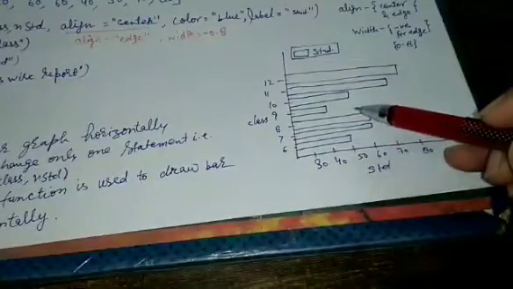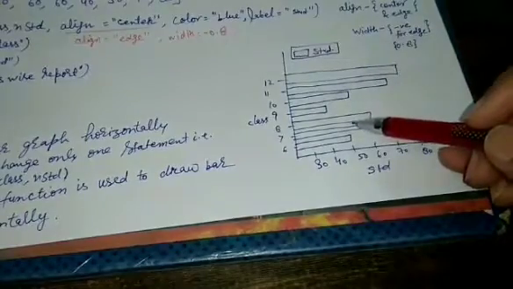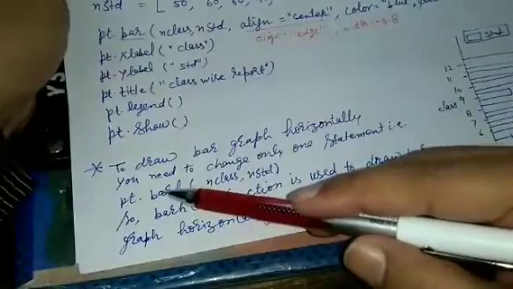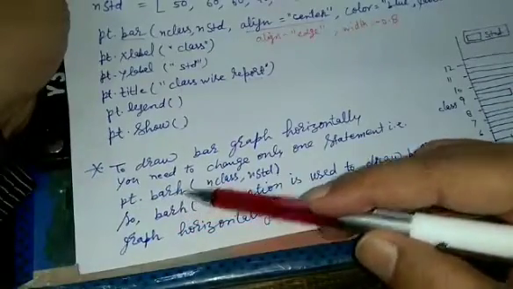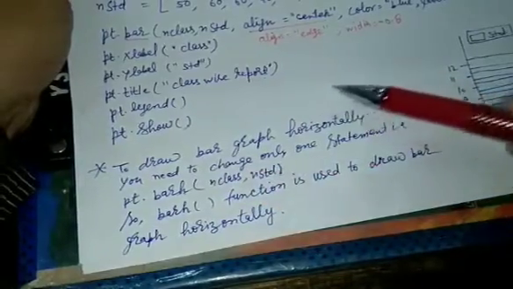Barh means horizontal bar graph. So if you want to draw a bar graph horizontally, you need to change only one statement in the above code: in place of plt.bar you will write plt.barh to draw the bar graph horizontally, and the rest of the arguments will be the same. Okay, so I think this will also be clear to you.